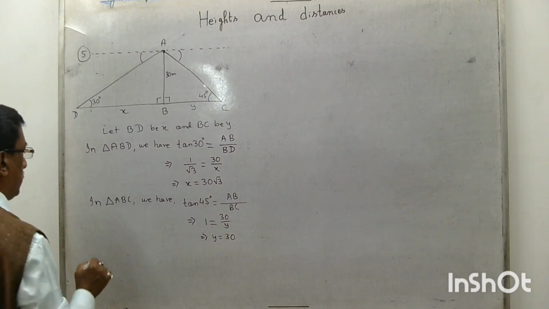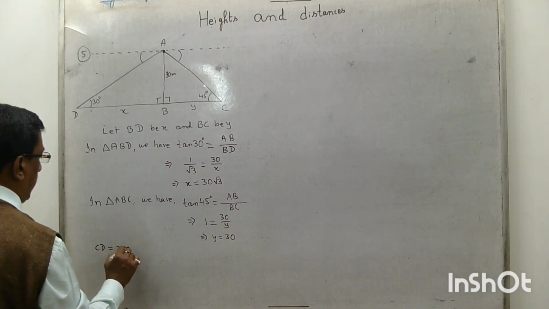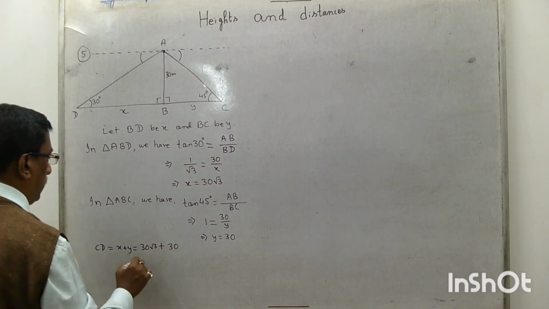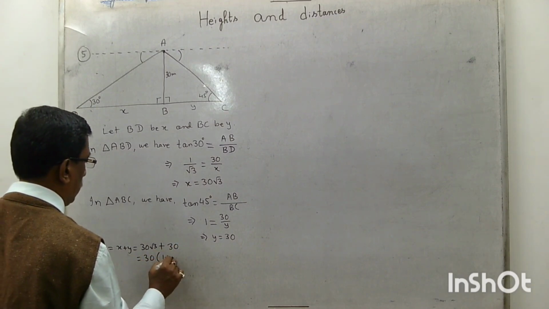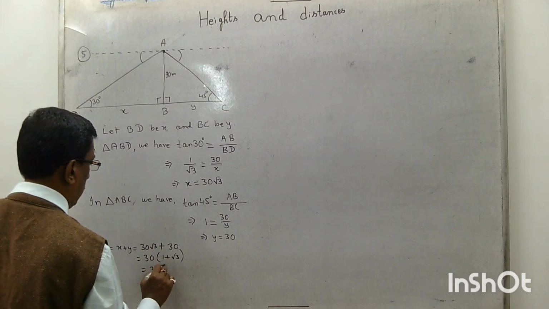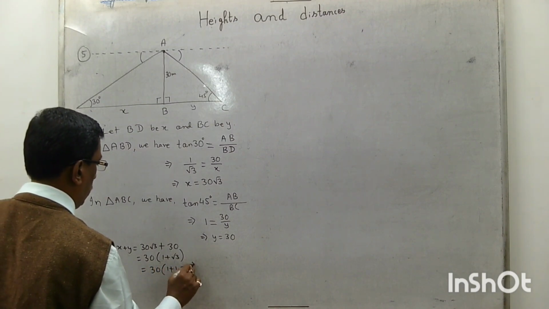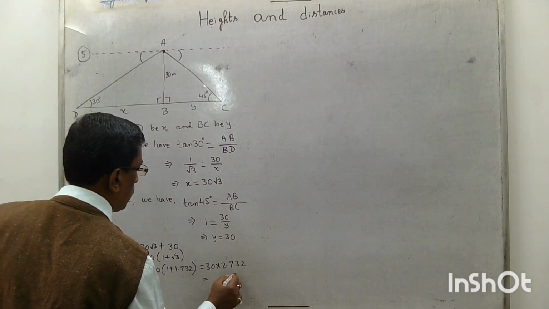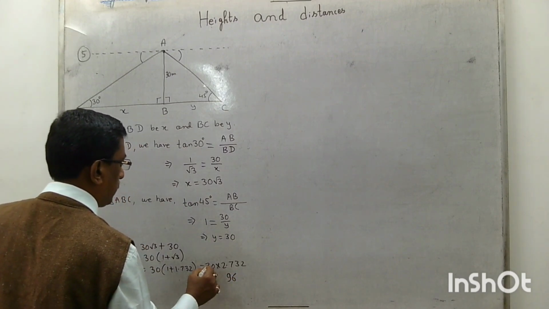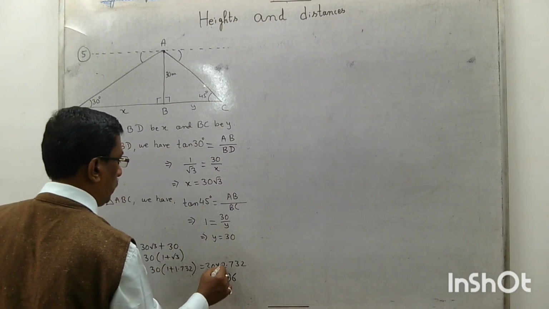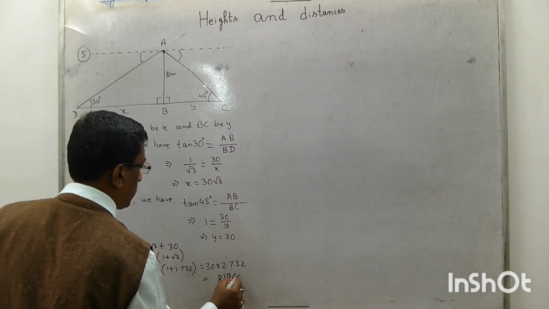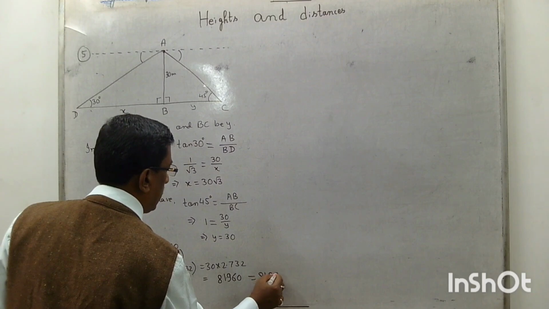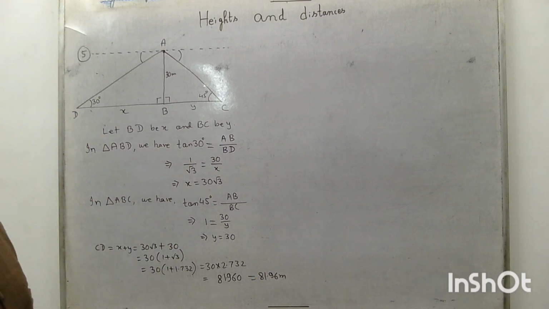Width of the river is CD, that is x plus y. 30 root 3 plus 30, that means 30 into (1 plus root 3), so it is 30 into (1 plus 1.732), which means 30 into 2.732, giving 81.96 meter. This is the width of the river.